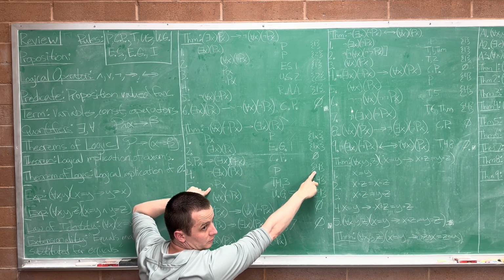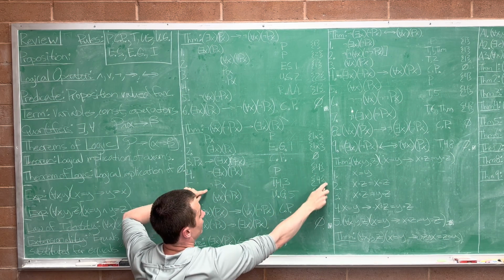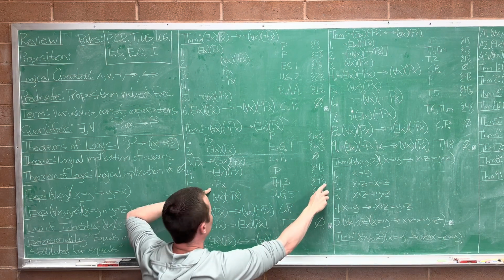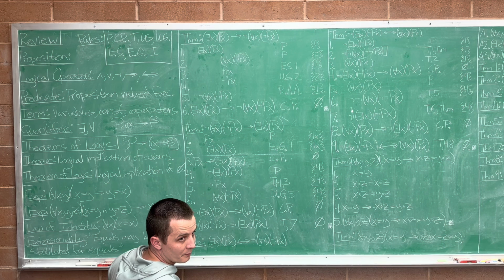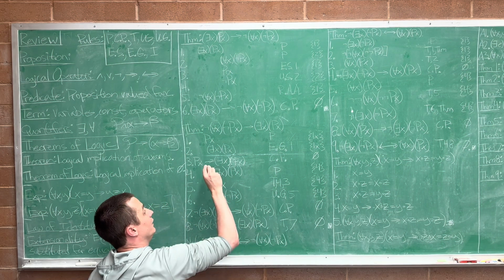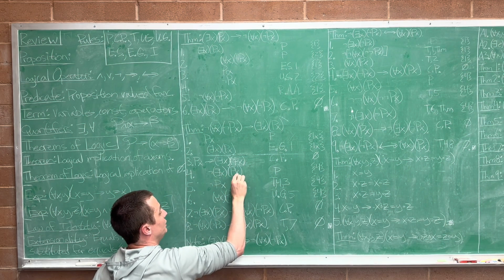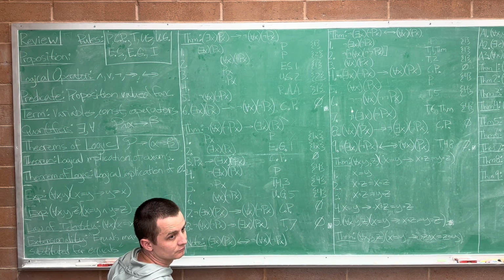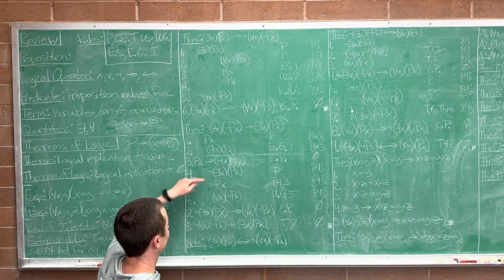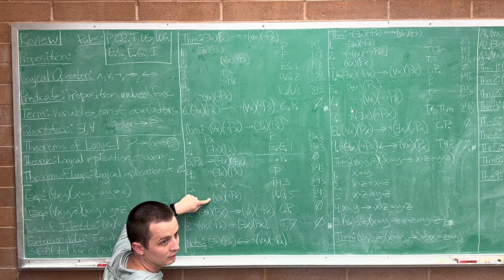There's no flagged variable. So going from here to here, x is still not a flagged variable, which means I can universally generalize. And so if there does not exist an x such that p of x, that means for all x, not p of x. That's the thinking we got to there.